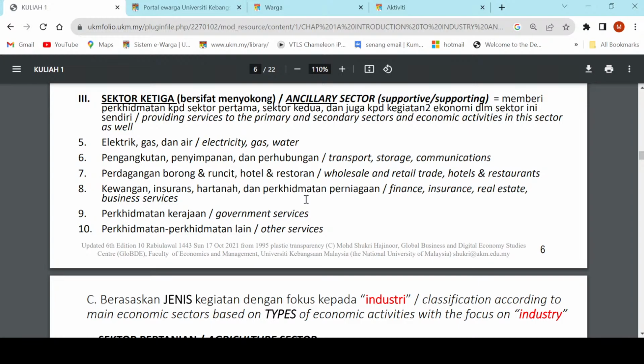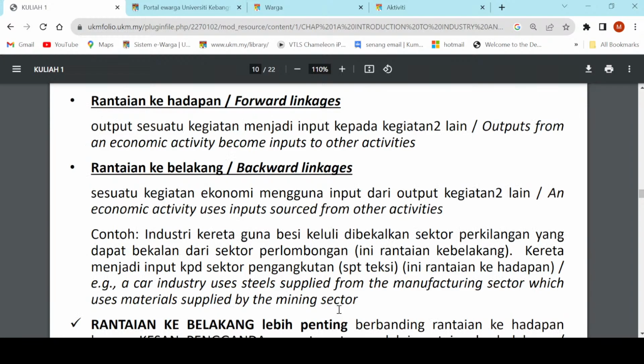Example, a car industry uses steel supplied from the manufacturing sector, which uses material from mining. So car from steel factory from mining, all backward linkage. Theoretically, it means that the more cars are sold, the happier the people working in the mining for metal.